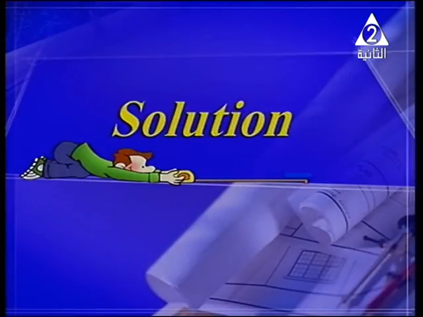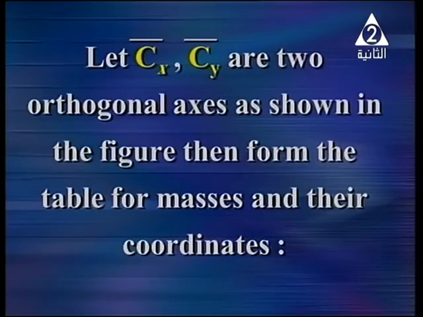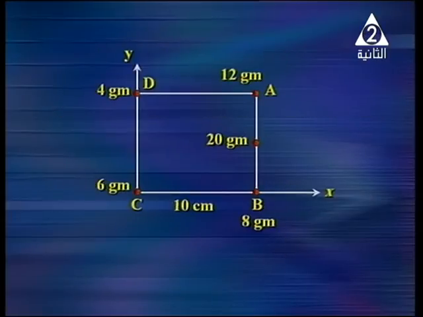Solution. Dear student, let x, y be two orthogonal axes as shown in the figure. Then form the table for masses and their coordinates. Look, we put Cx, Cy to represent the two axes. C is the origin point.